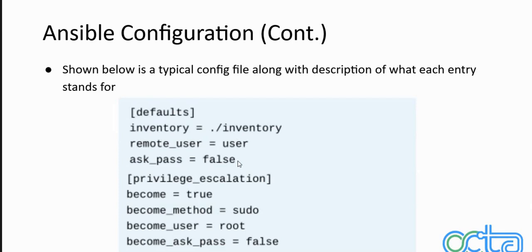And the second set of config settings that we can mention are privilege escalation mode. What you'll be doing with Ansible most of the times is changing the configuration, right? You'll be installing some packages, setting some environment variables, fetching some data, configuring network devices.